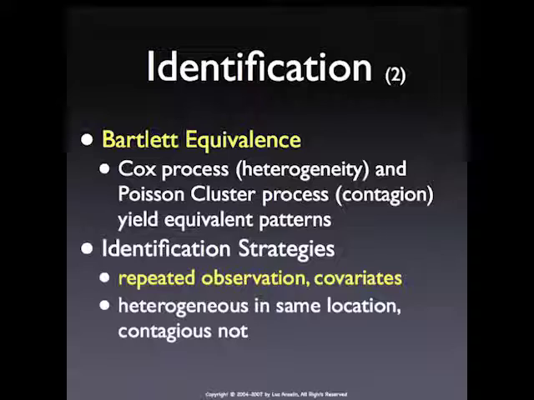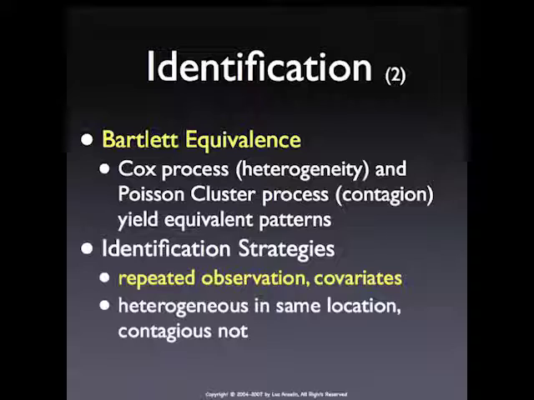What does matter is that that person talks to their neighbors, and the neighbors get it, and the neighbors talk to the neighbors, and it starts to spread, and that creates the appearance of a cluster. So if the clustering is the result of contagion, then if you look at multiple patterns and repeated observations, the clusters will tend to not be in the same locations. When the cluster is due to heterogeneity, the clusters will tend to be in the same location. So that is one way in which you can start teasing the two apart.